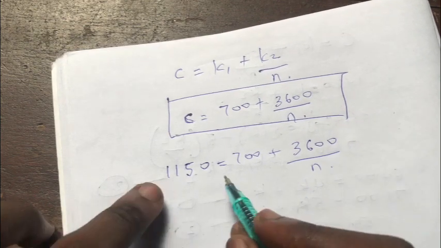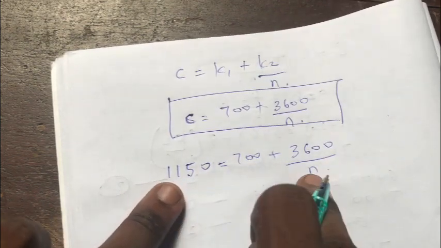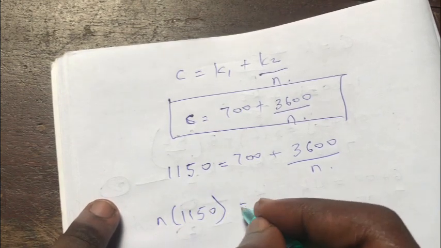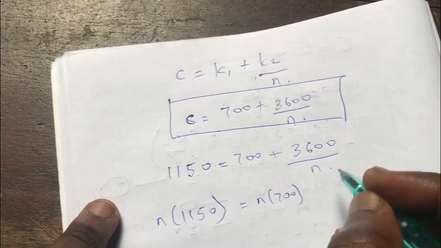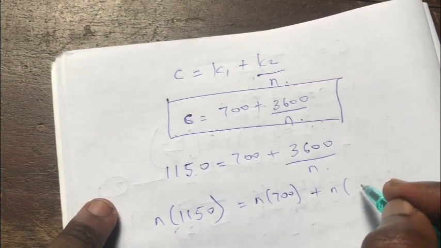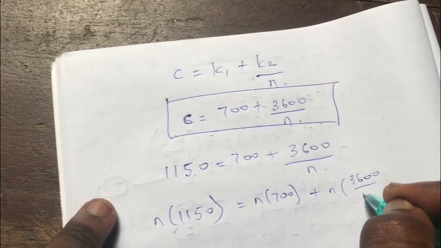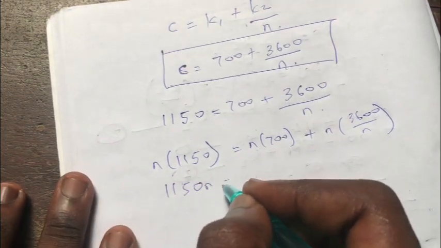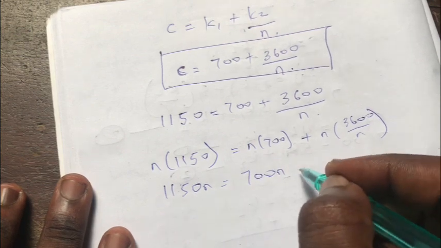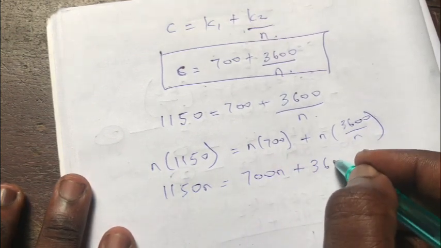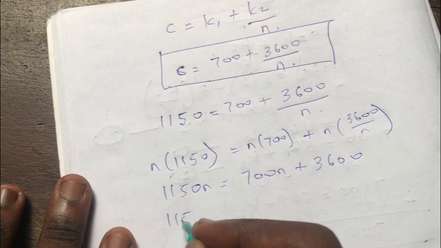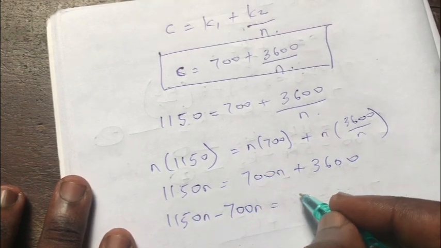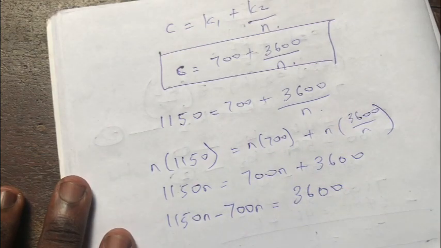So let's multiply all these terms, 1, 2, 3, by N. N times 1150 equals N times 700 plus N times 3600 over N. So this will give you 1150N equals 700N plus 3600, as N cancels N. Let's group like terms. 1150N minus 700N equals 3600.